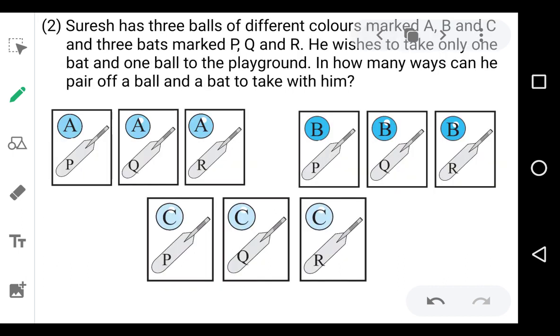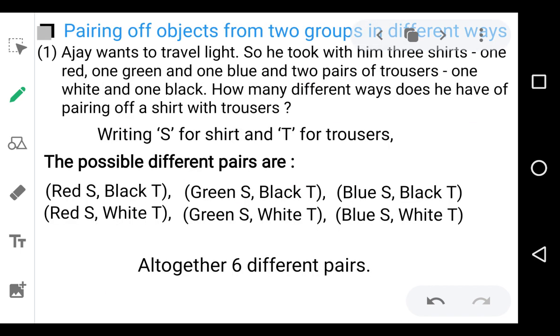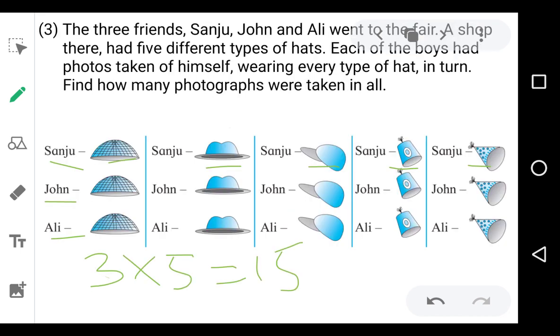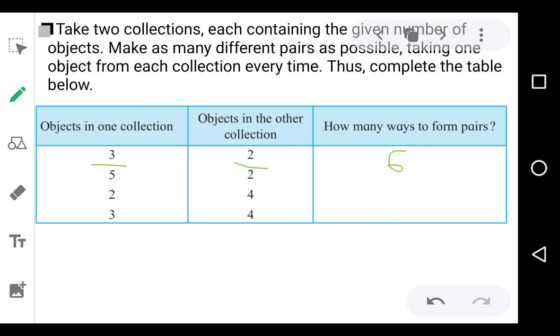See, in the second example, there are 3 balls and 3 bats. So if you multiply 3 by 3, we get 9. See, in the first one there are 3 shirts and 2 trousers. So if you multiply 3 by 2, we get 6. Have you understood? In the same way, if you multiply the number of objects in one collection by the number of objects in the second collection, we get the number of pairs.